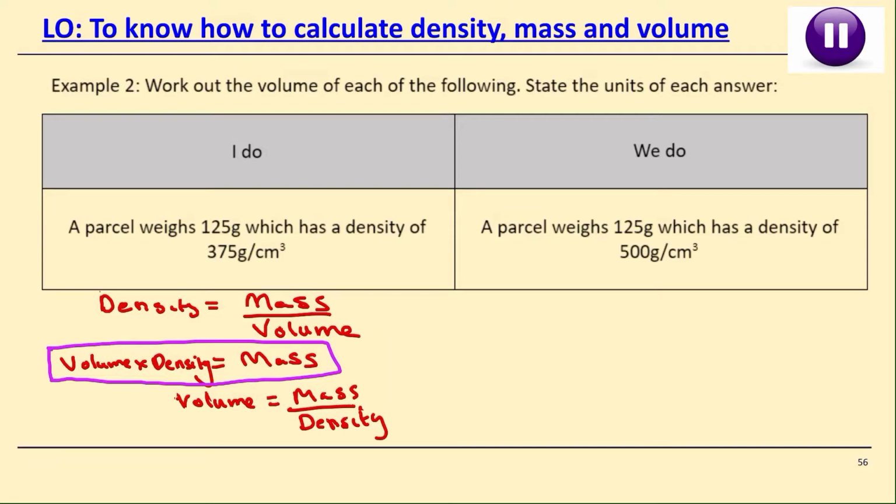Now we have this new equation, we can start working out the volume. So first things first, we need to identify what the mass in this question is. The mass is 125 grams. And in this question, we need to work out what the density is. 375 grams per centimeter squared, sorry.